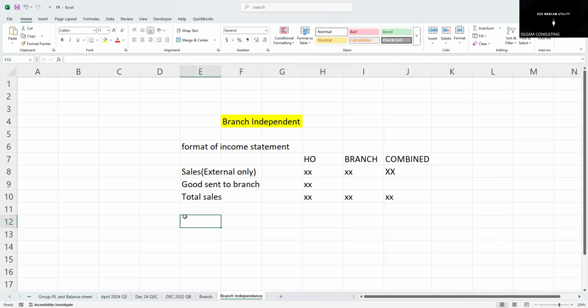Now, after getting the total sales, we need cost of sales. For cost of sales, we start with the opening stocks.